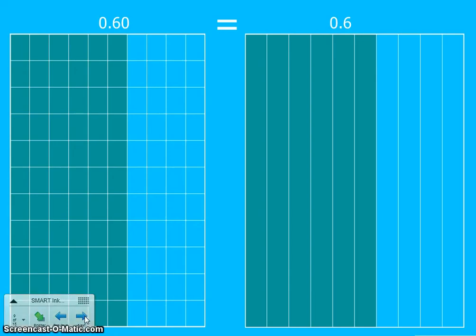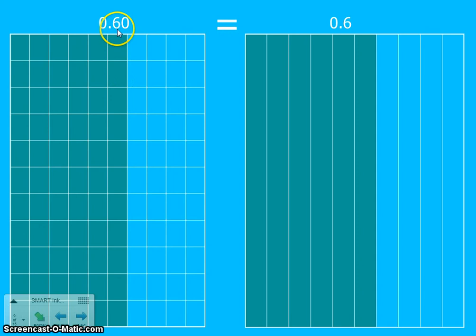Well, if we look at a picture of a grid, on the left you see a hundreds grid, and we see 60 square boxes filled in for 6 hundredths. But if you look over on the right, if we just did our tenth strips, you'll notice that it takes up the same amount of space. 6 tenths, 6 hundredths.